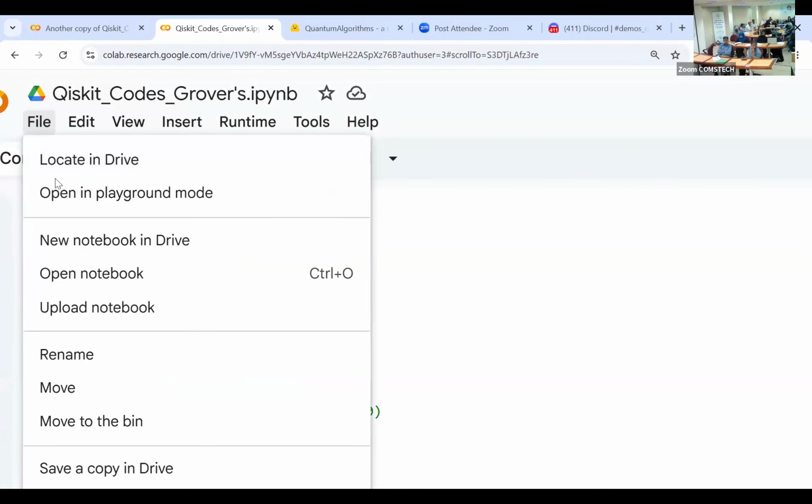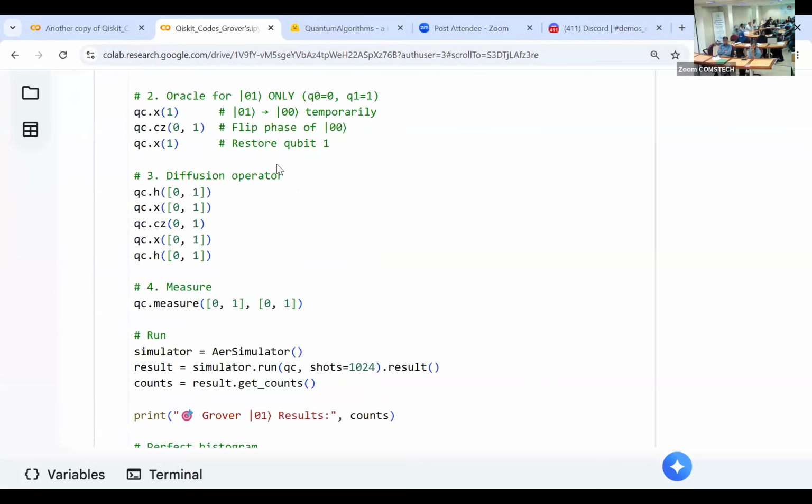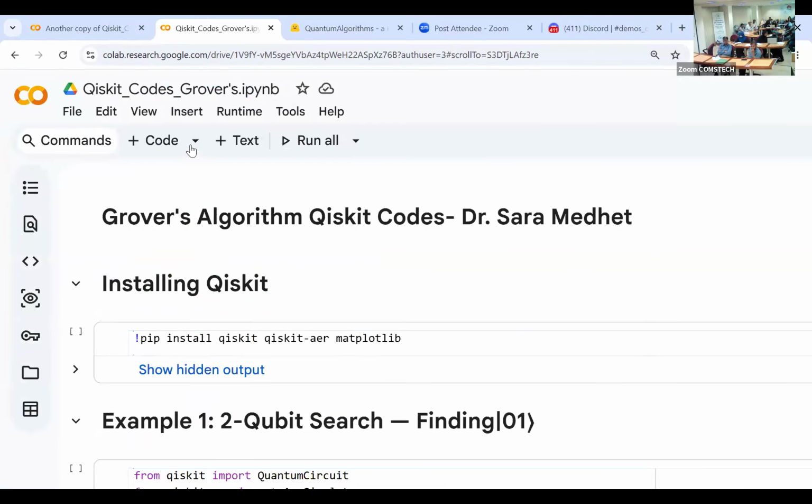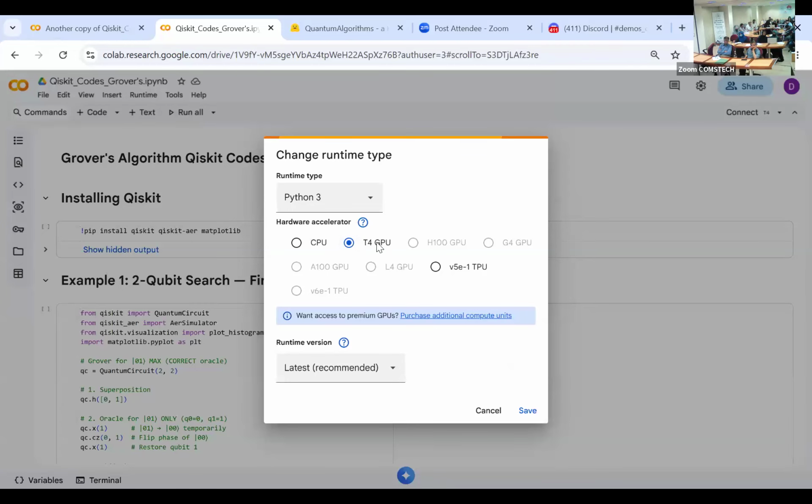Then you get the notebook where you can write your code and see your outputs and run any Python code. Plus you can change the runtime type. Here you can select between CPU, GPU, and T4 GPU for large computation like machine learning, and T4 GPU is very useful.